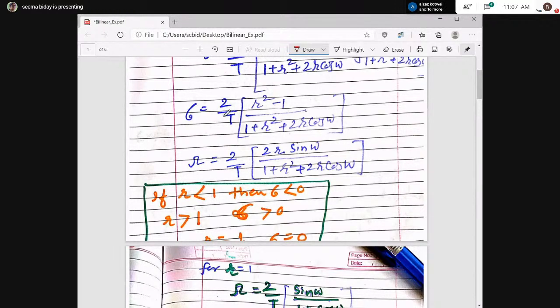Now from this equation, if r equal to 1, if r is less than 1, what will happen to sigma?